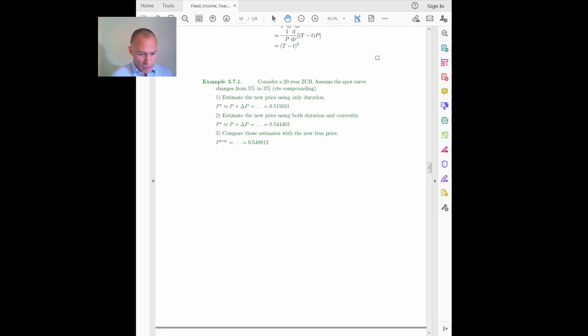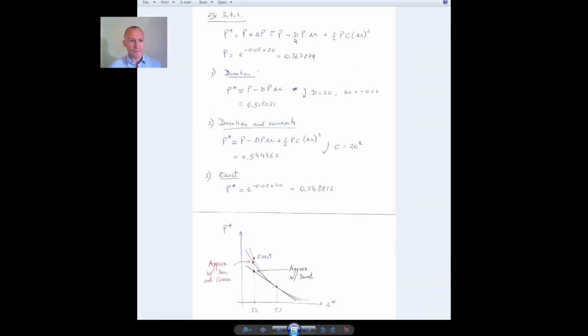So let me open this. Again, this is the expression that we had in the handouts. The new price, this P star, is the old price plus the change in price. And the change in price, using the Taylor expansion up to the second order, is this part here.